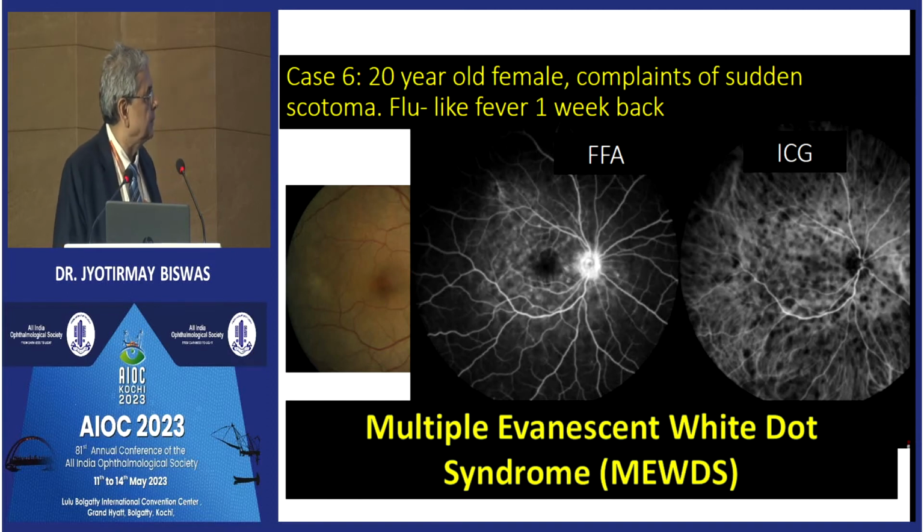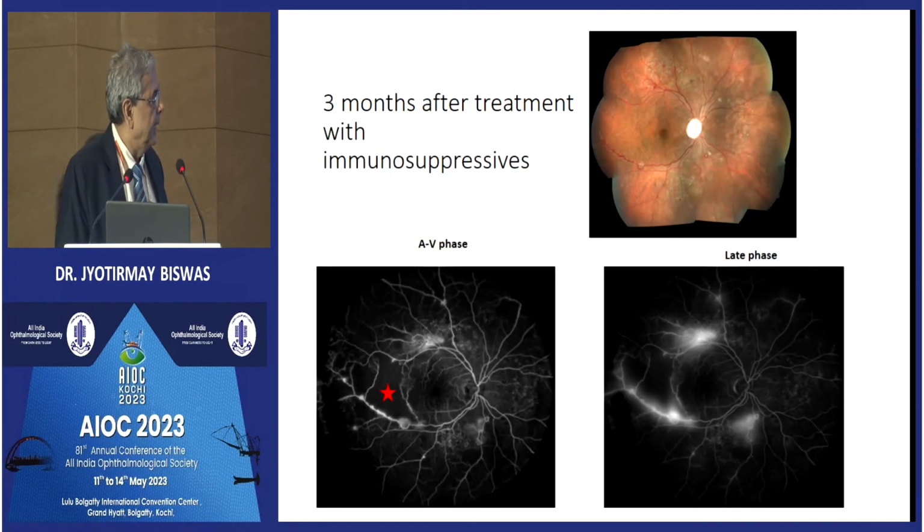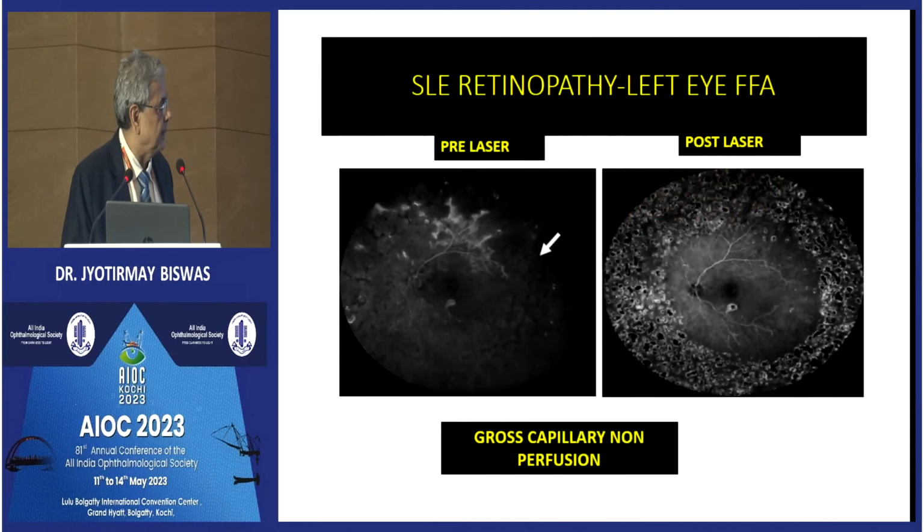The fundus picture may not show these subtle spots of white dot syndromes. In a case of SLE, fundus fluorescein angiogram is required. It shows areas of capillary non-perfusion, and the amount of capillary non-perfusion as seen in this picture. Here you can see the retinal vasculitis with gross capillary non-perfusion in the case of SLE. 3 months after treatment with immunosuppressive agents, there is a complete resolution of inflammation.